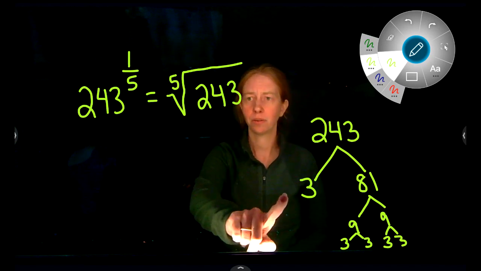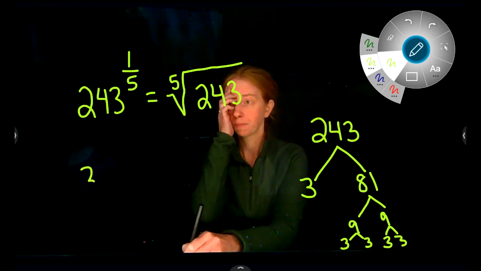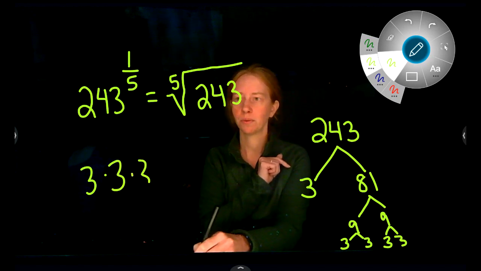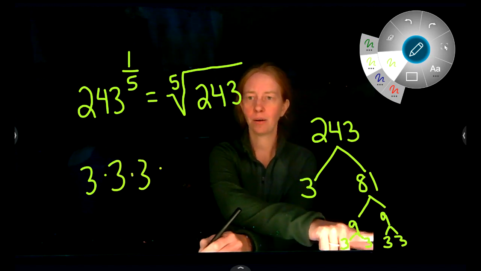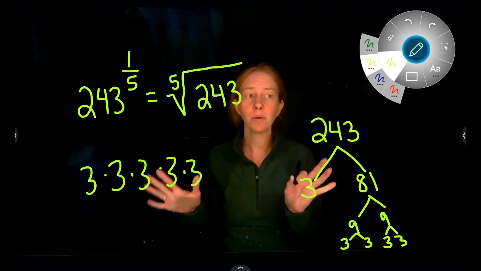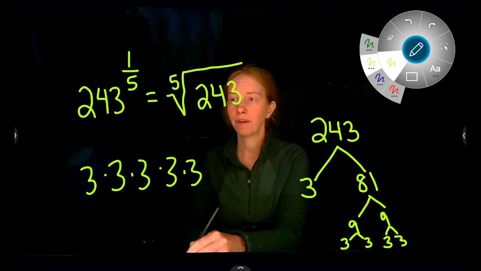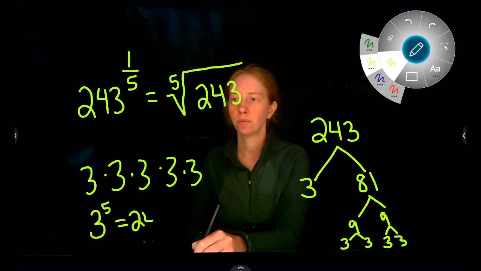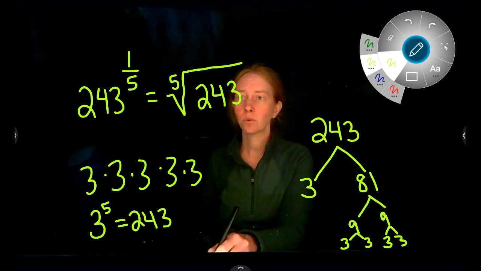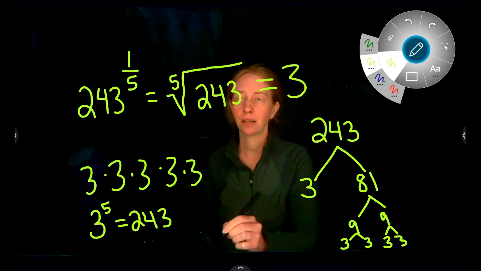We have 3, that's one of those, times 3, times 3, times, and now I'm at this bottom, 3 times 3, which is what we were hoping for. We were hoping that we would find something, 3 to the 5th power equals 243. Okay, and so the answer to this question is 3.